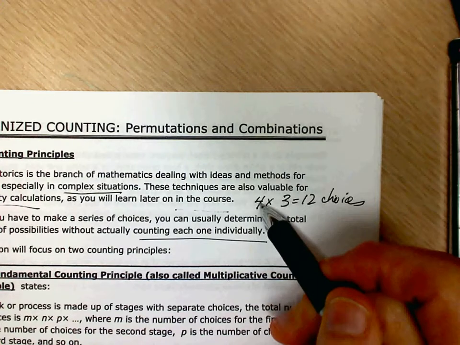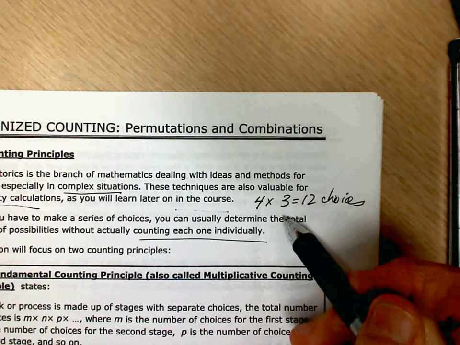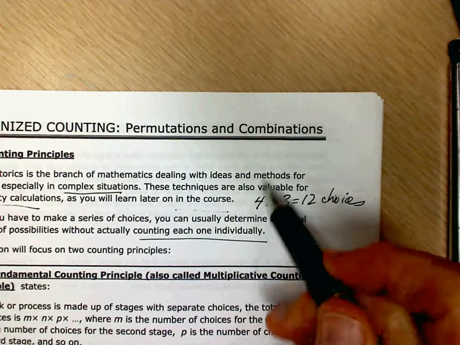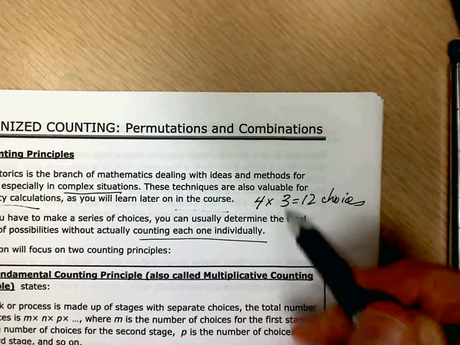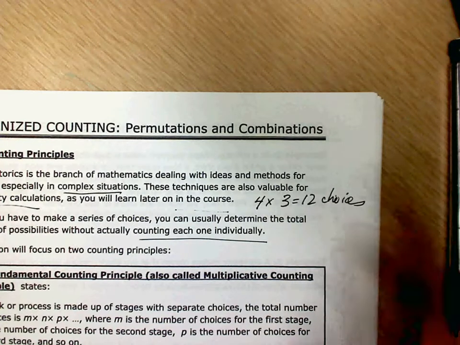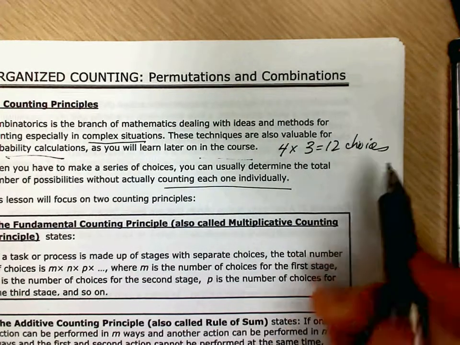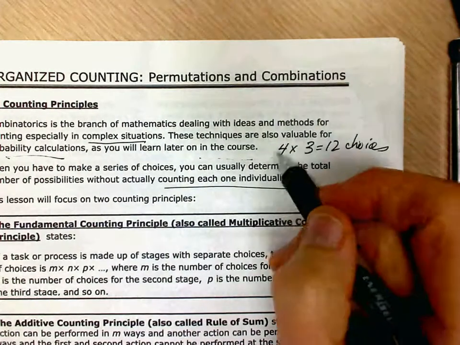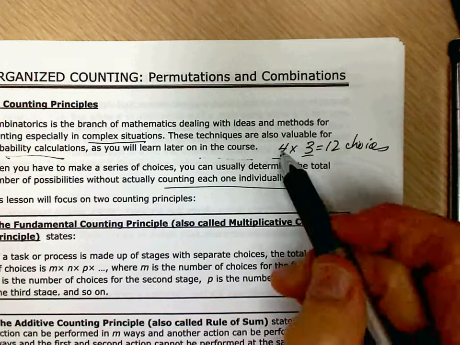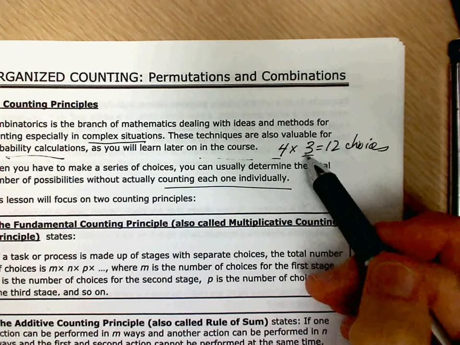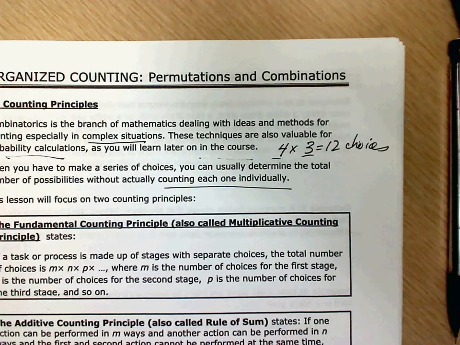If I pick my blue pants, I have 3 shirts I can wear with that, or if I pick my red pants, I have 3 shirts I can wear with that. So that's an example of how we're going to be counting. We count our choices. There's 4 choices for the pants, 3 choices for the tops.